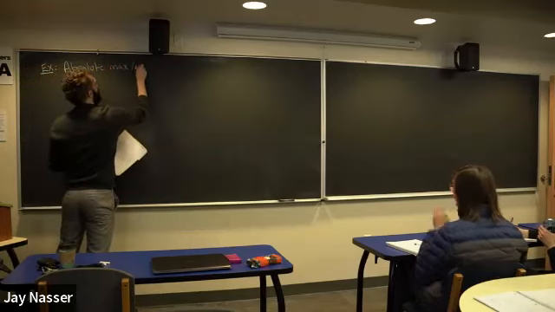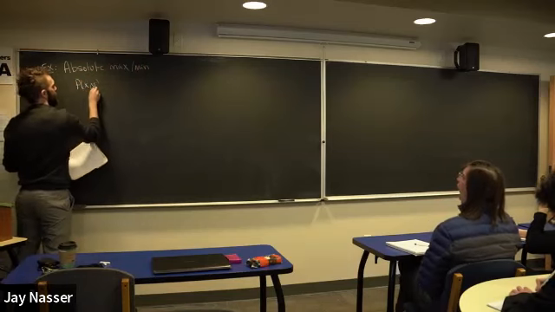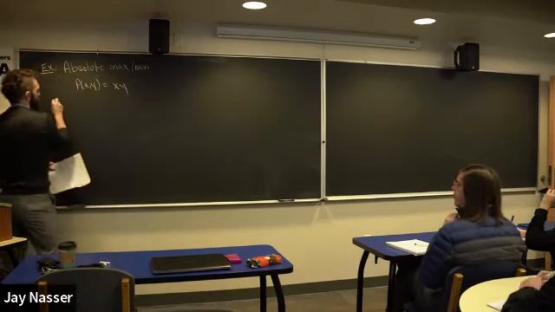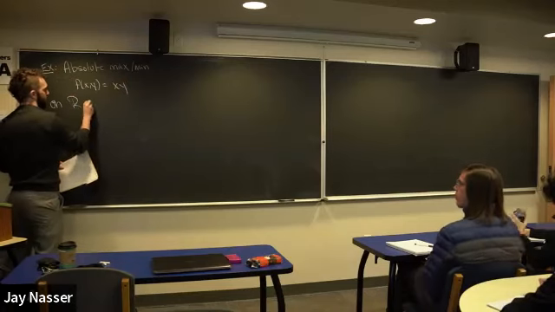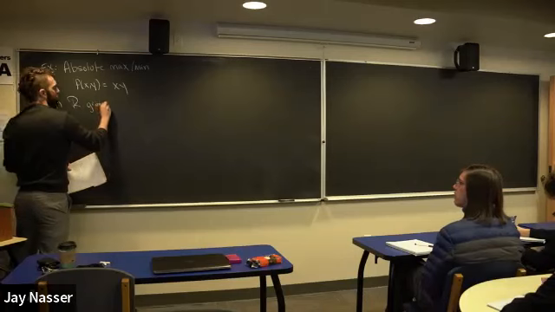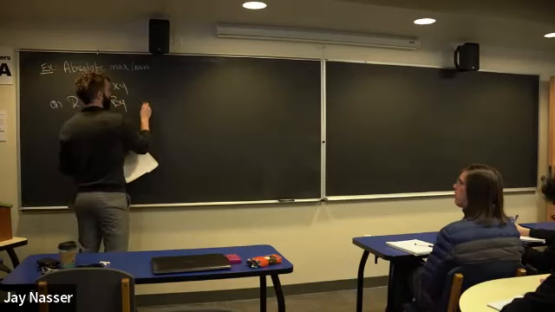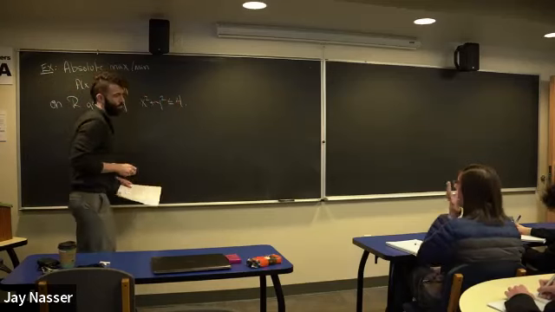We want to find the absolute max min of a function f of x, y equal to xy on the region R given by x squared plus y squared is less than or equal to 4.